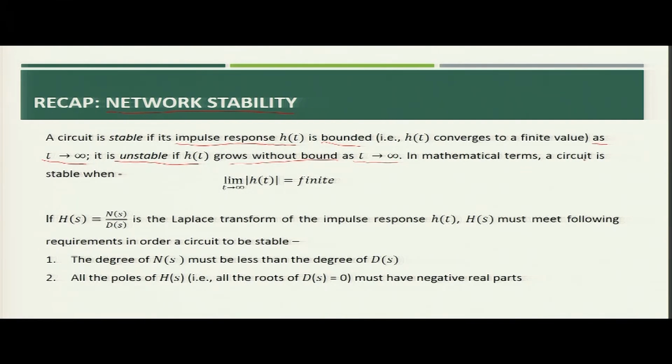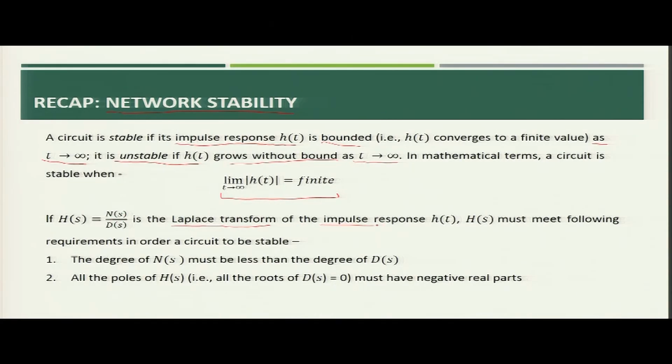In mathematical terms we can write it as limit t tends to infinity h(t) is finite. Now, if H(s) is the Laplace transform of h(t), we discussed that it can be represented as N(s) by D(s) in the Laplace transform domain.